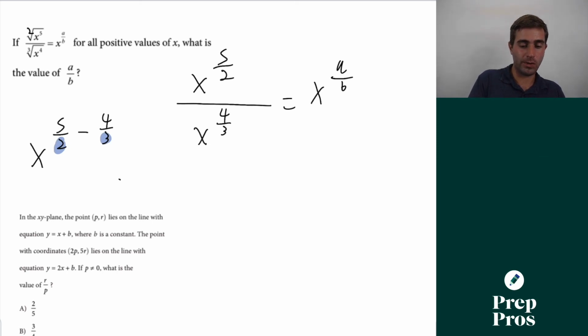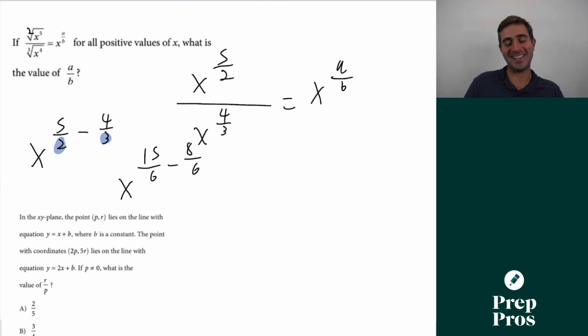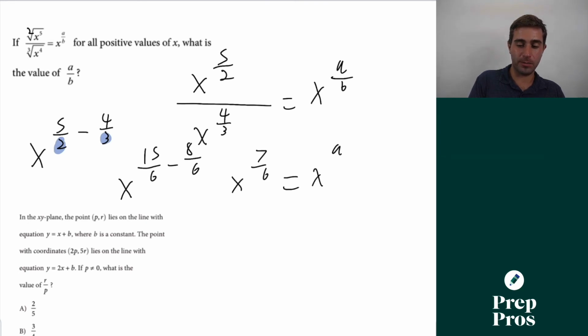So we can rewrite this as x to the 15 over 6 minus 8 over 6. This is going to give us x to the 7 over 6, and that tells us that x to the a over b equals x to the 7 over 6. Therefore, 7 over 6 equals a over b.